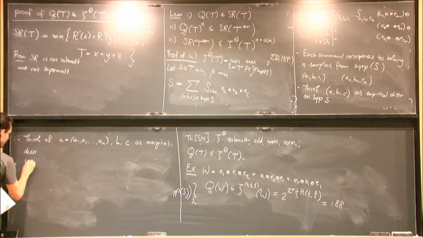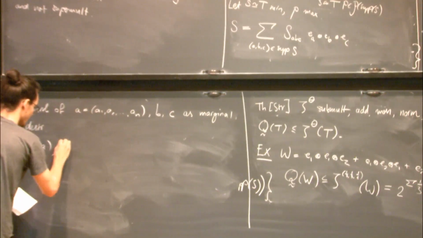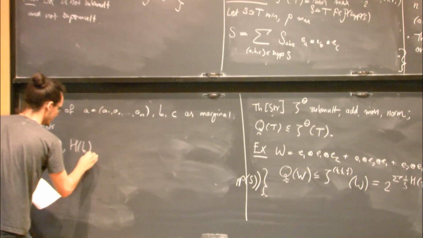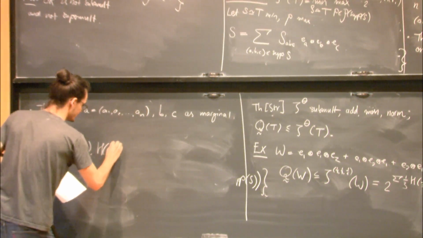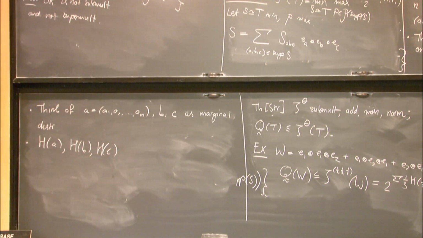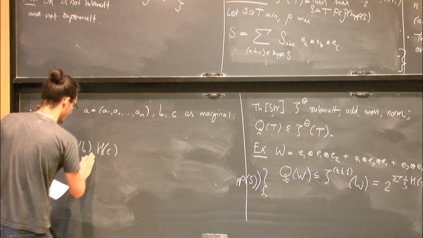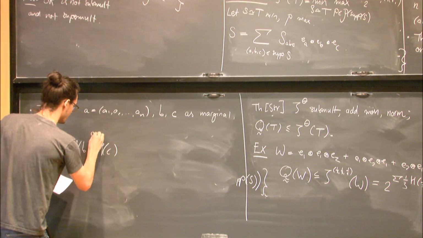Then, if we look at the Shannon entropy of A and the Shannon entropy of B and the Shannon entropy of C, then I want to put OR here.